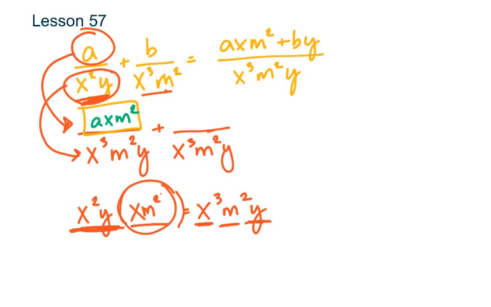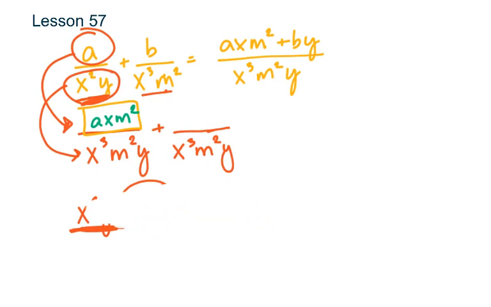Then I'm going to erase what I have below so you can see me work with the next term. So now I need to turn this b into a new numerator right here. So I need to figure out how this denominator changed to my new common denominator.